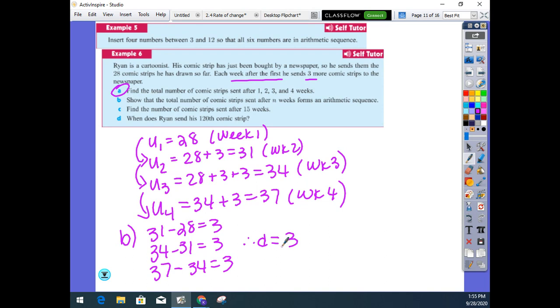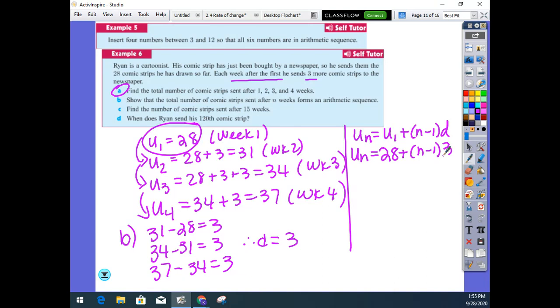All right, so then we're going to make our arithmetic sequence. u sub n equals u sub 1 plus n minus 1 d. u sub n equals my first term, 28 plus n minus 1 times 3. Let's go ahead and simplify. It'll be easier to do.